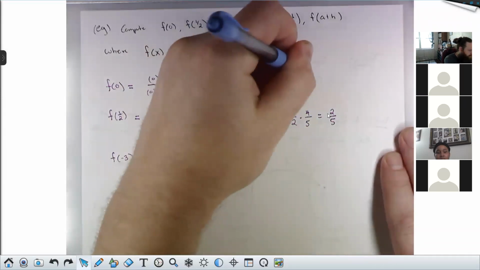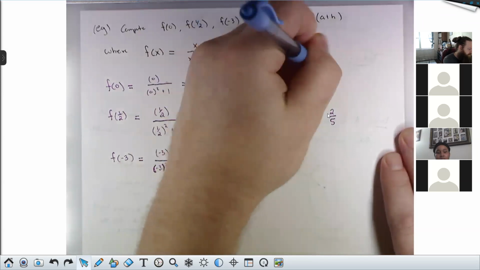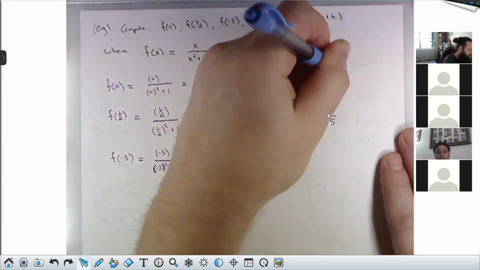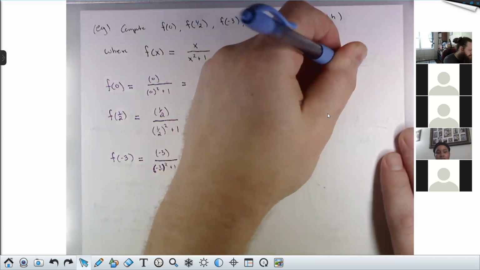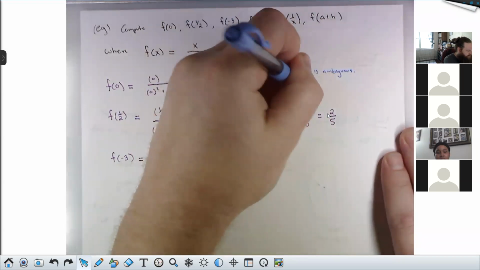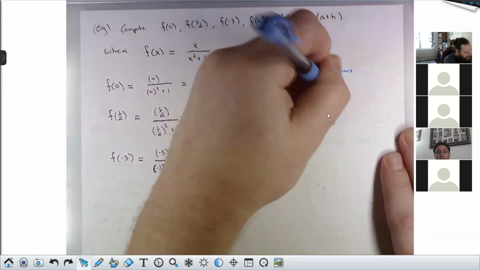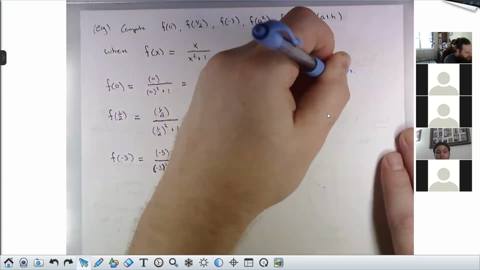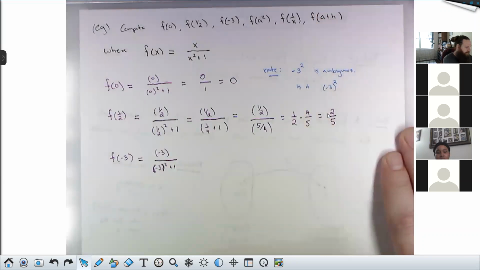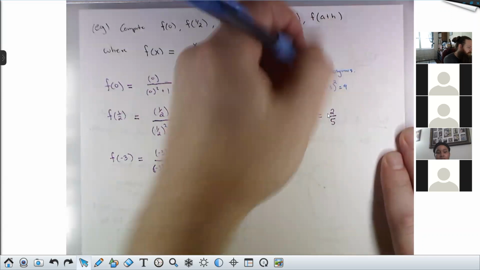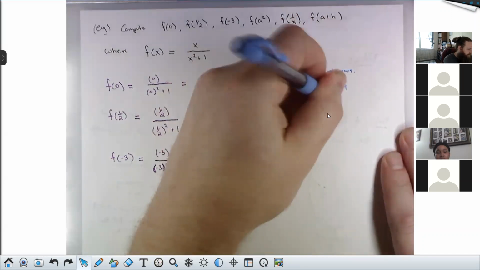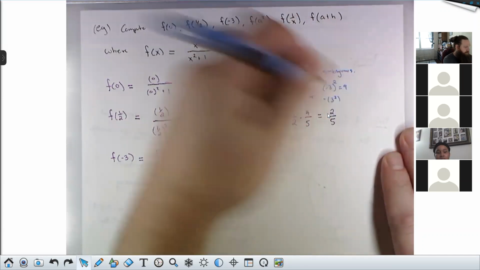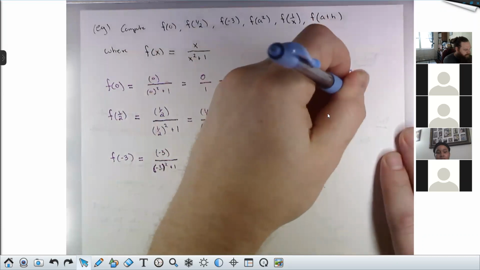If you write -3 squared like this, it is ambiguous. Is that the negative of 3 all squared like this, which would be +9, or the negative of 3 squared like this, which would be -9?